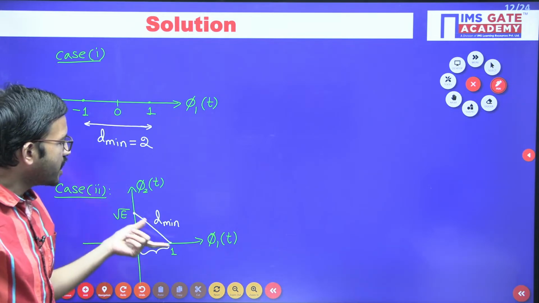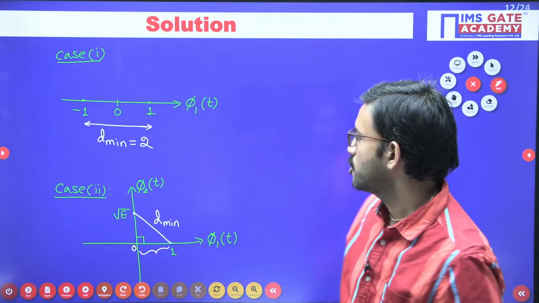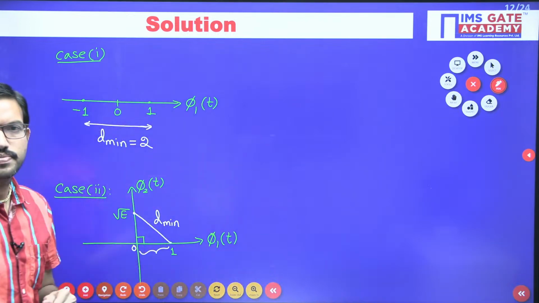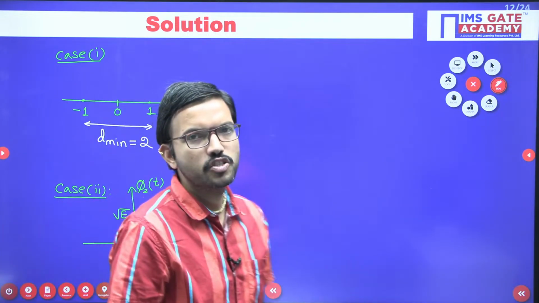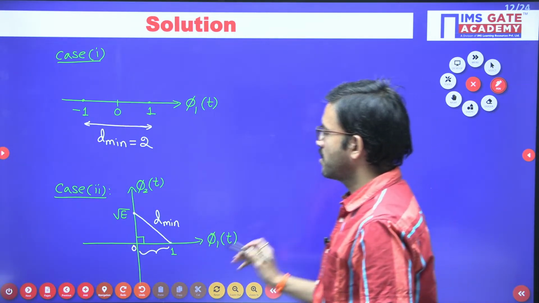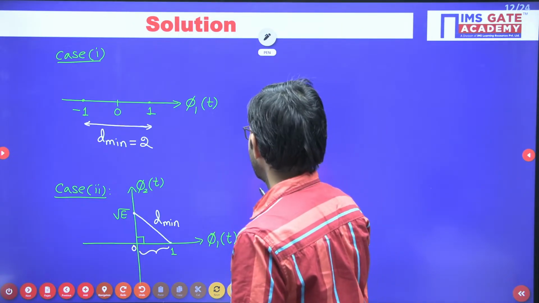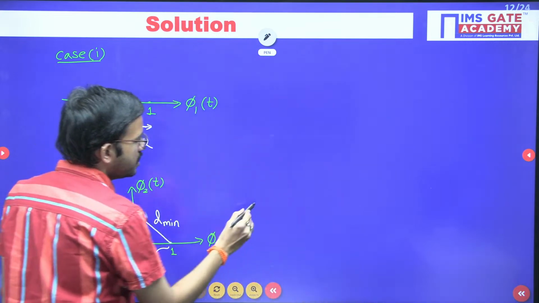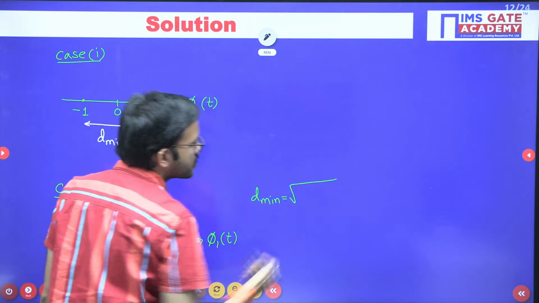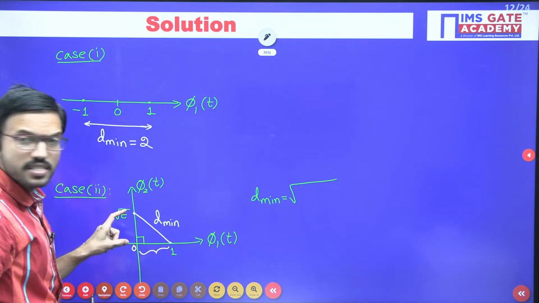Now, can you calculate d min in case 2 by using the Pythagoras theorem? I hope all of you are familiar with it. So, what is the d min you are going to get in case 2? All of you give it a try. It is very simple. In case 2, d min equals the square root of this side squared plus this side squared.